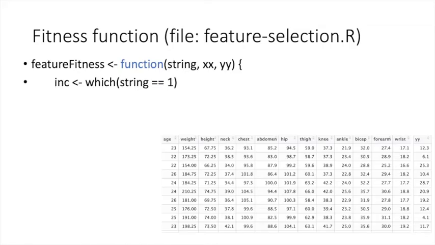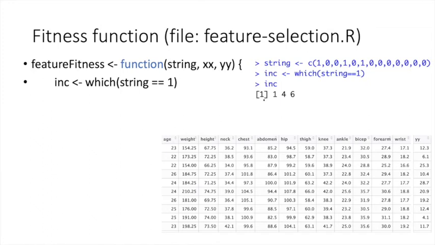Next, we can scan the incoming individual or vector and note which features should be selected for building the model. Suppose the incoming solution has 3 1s at the first, the fourth, and the 6th positions. Then the which command, which appears in the second blue line, will find these positions by checking the indices of the positions that contain a 1.